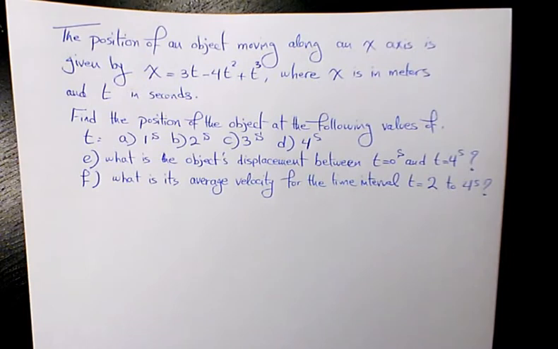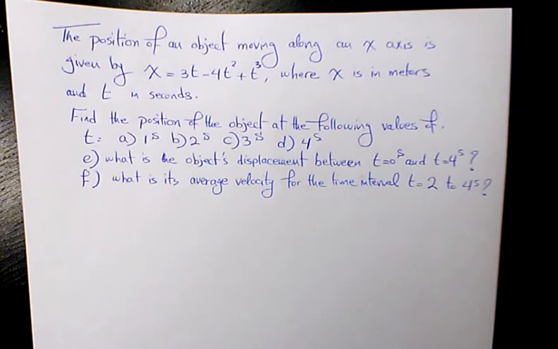This question is saying that the position of an object moving along an x-axis is given by this equation, x equals 3t minus 4t squared plus t cubed, where x is in meters and t in seconds.